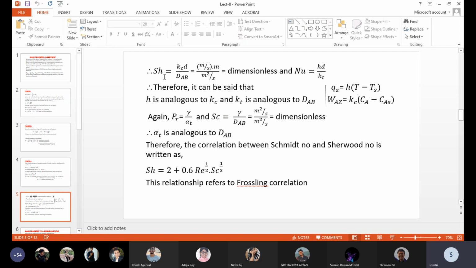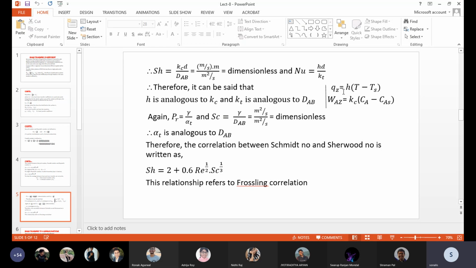If you consider Sherwood number analogous to Nusselt number, then it can be said that H, the heat transfer coefficient, is analogous to Kc, the mass transfer coefficient, and Kt is analogous to DAB. Instead of Kt, we can write DAB, diffusivity.